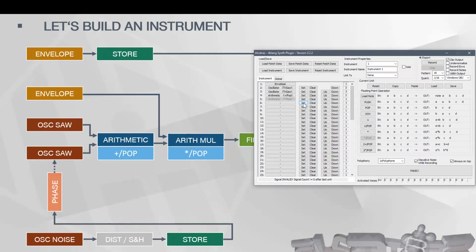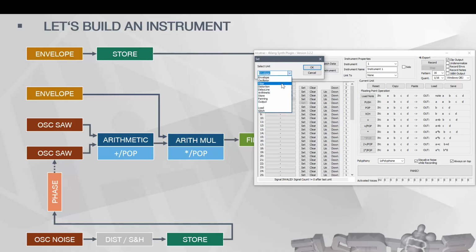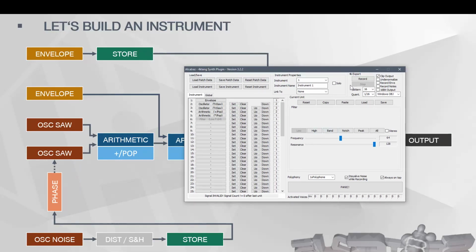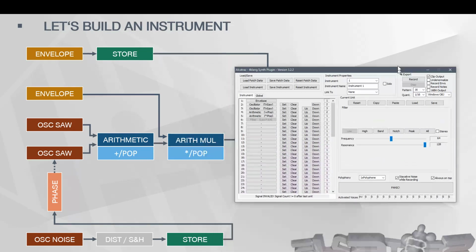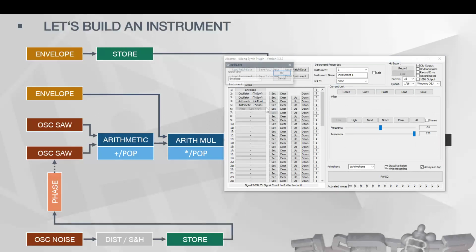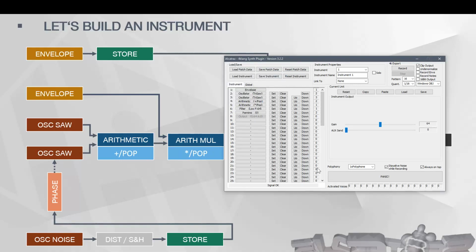We can then add the filter. I'm going to take out the resonance completely. And then we have the panning, which will create the stereo signal. Then we have the output. So now signal is okay.